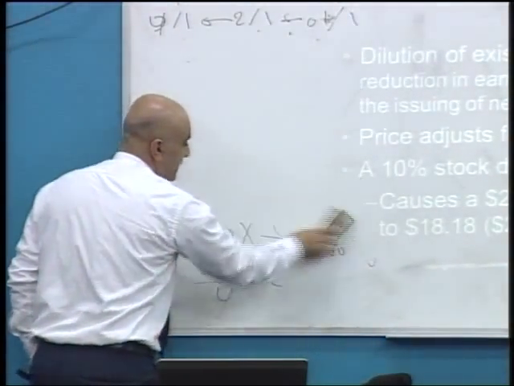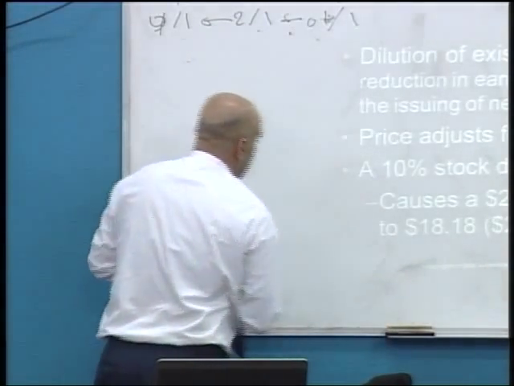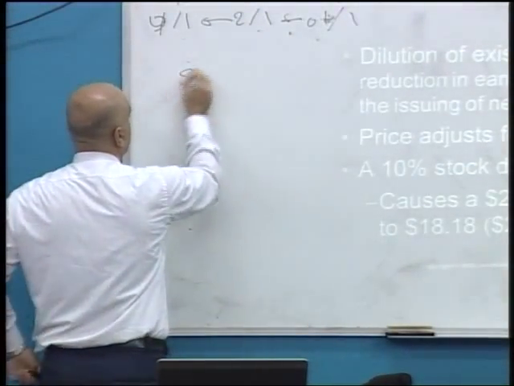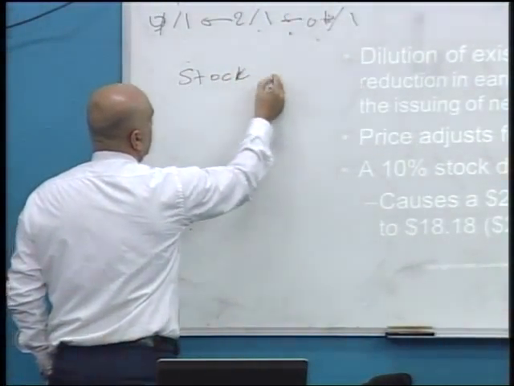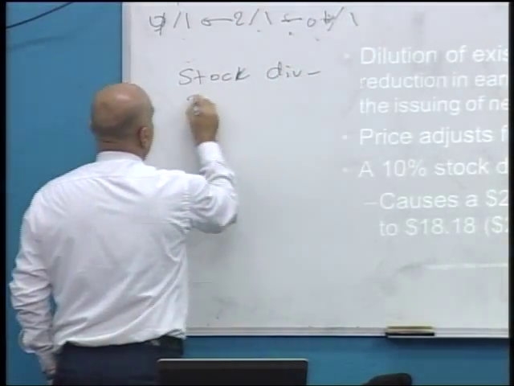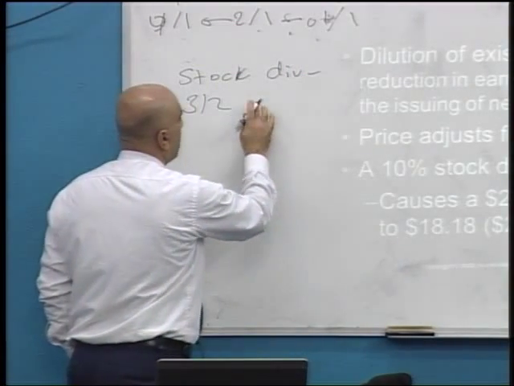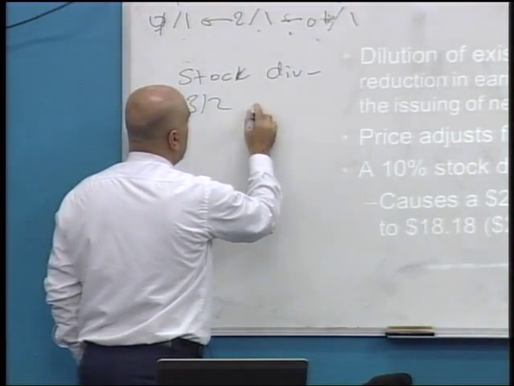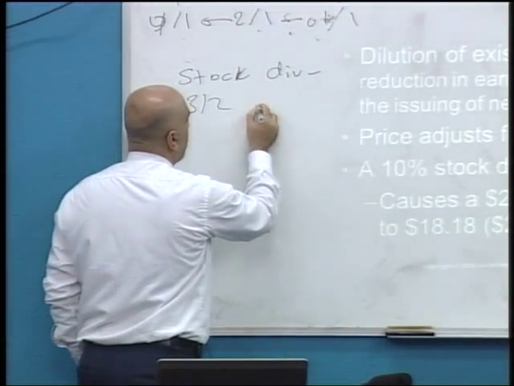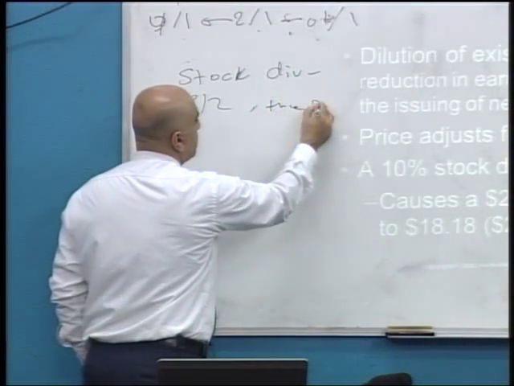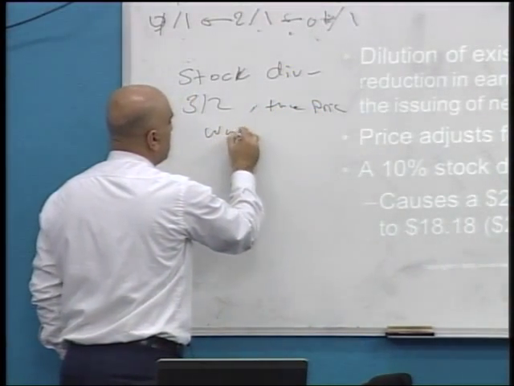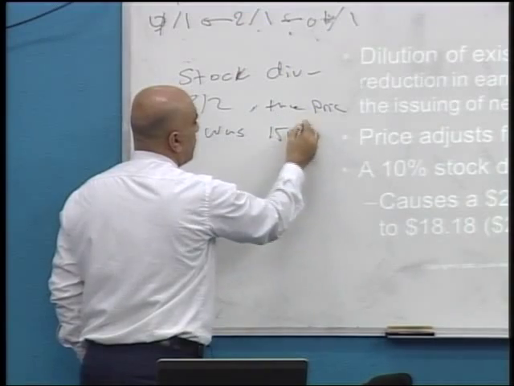If the stock dividend is 2 to 3. Okay, 2 to 3. The price was $150.